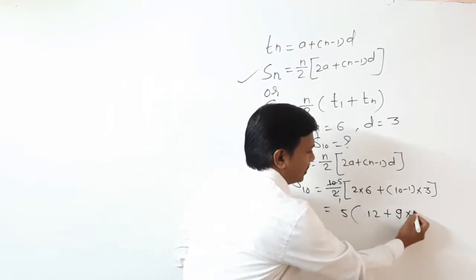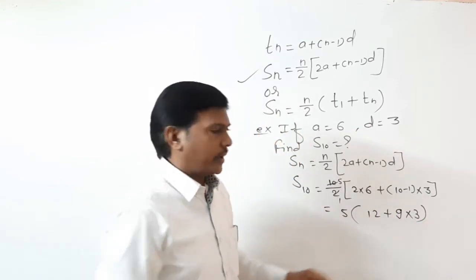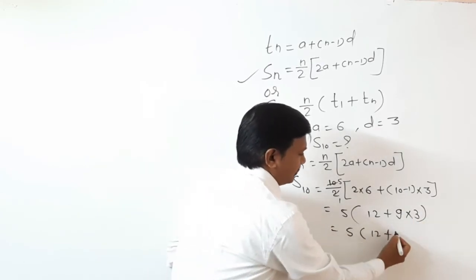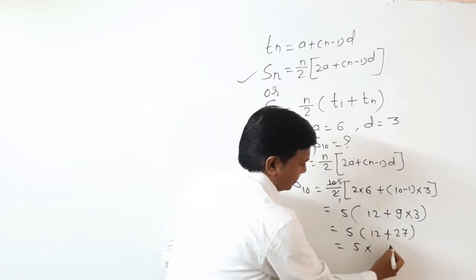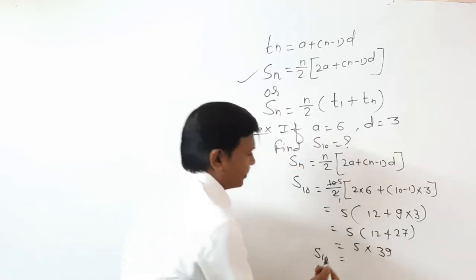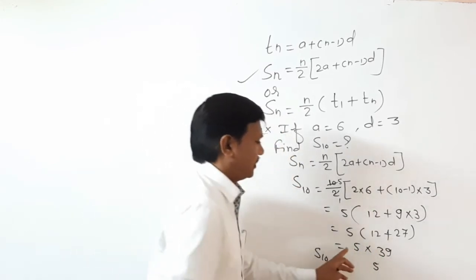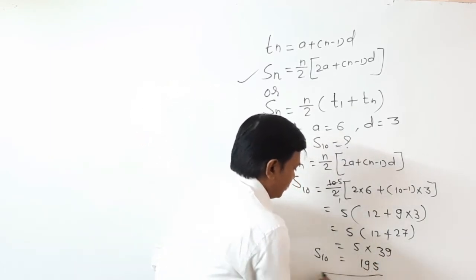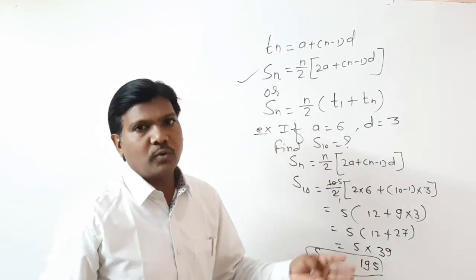First multiply, then add to 12: 5 into 12 plus 9 threes are 27, and the sum is 39. Multiply 5 into 39: 5 nines are 45, 5 threes are 15 plus 4, that is 19, giving 195. So the sum of 10 terms, s10, equal to 195.